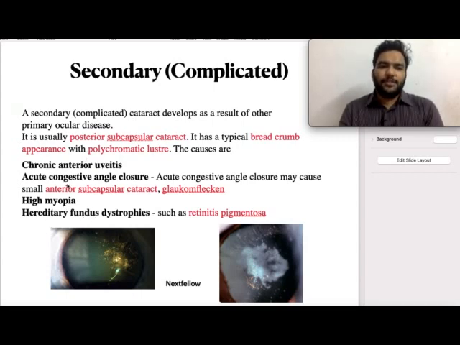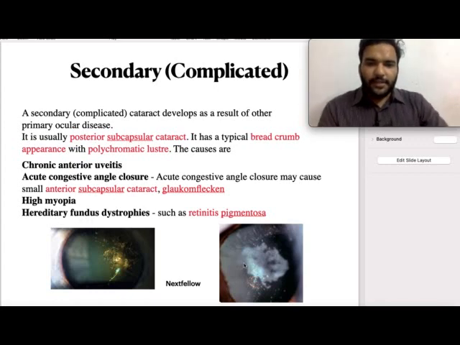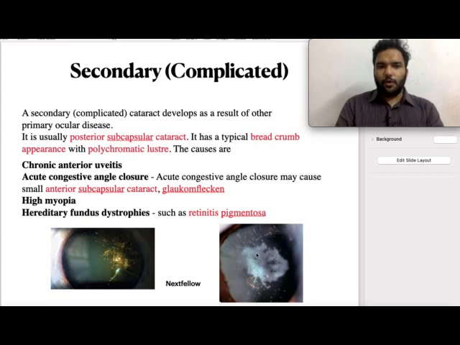So uveitis, glaucoma, refractive error, that is myopia, and retinal pathology such as hereditary fundus dystrophy. So all the systems are involved here, and this is what is glaucomflecken, which is basically anterior subcapsular cataract due to acute congestive angle closure glaucoma.